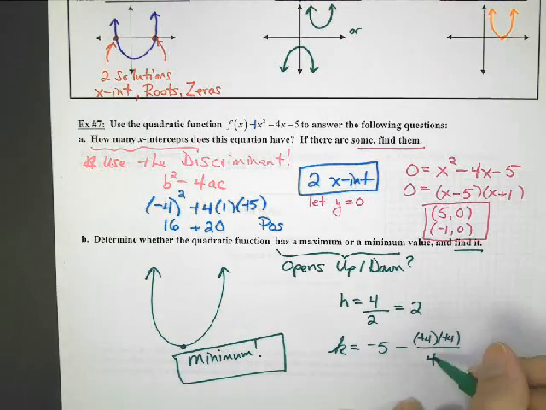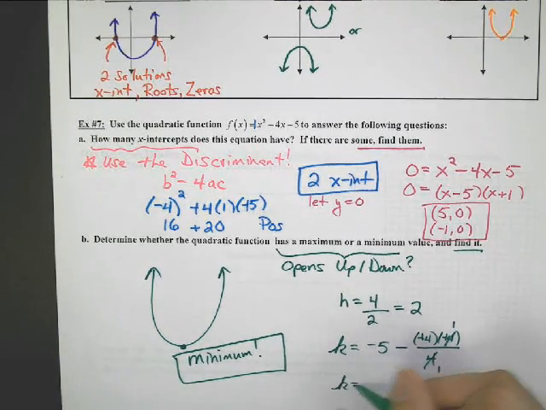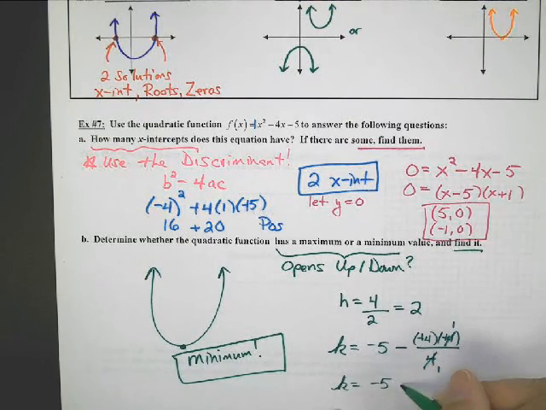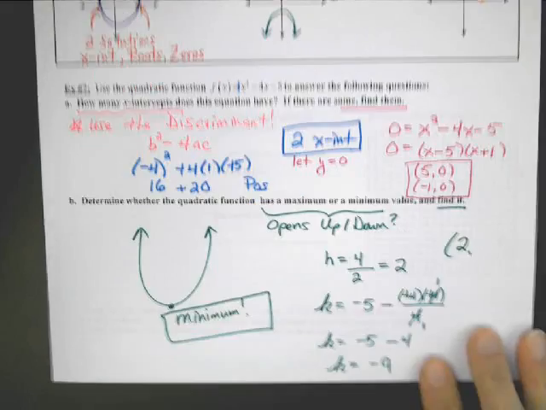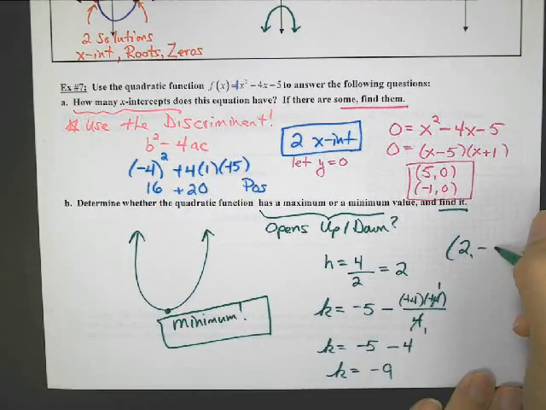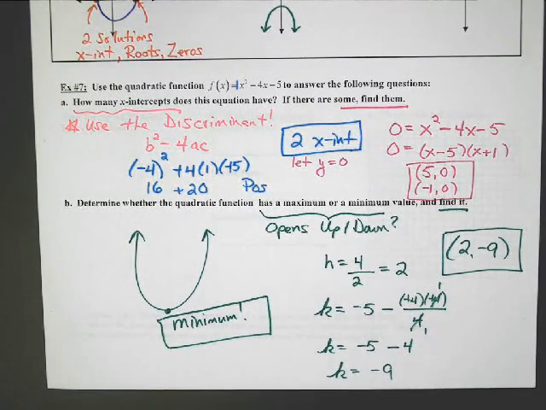One of each of these 4's will cancel to make 1's. So now we're down to negative 5 minus 4. So k is negative 9. So what's the vertex? 2, comma, negative 9.